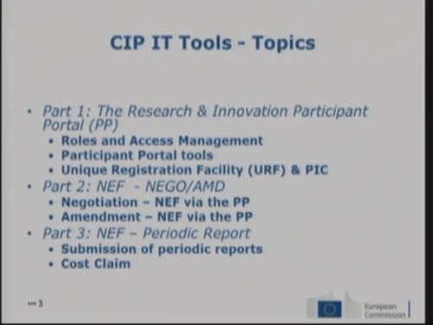Then after you have this registration, the LEAR, the person that you have designated as the legal entity appointed representative, is the only one that can modify legal and financial data. But afterwards, you can also interact and add more participants via the net. But the only one that can really modify the legal and financial data of your organization is the LEAR.